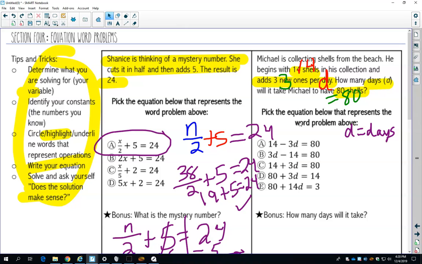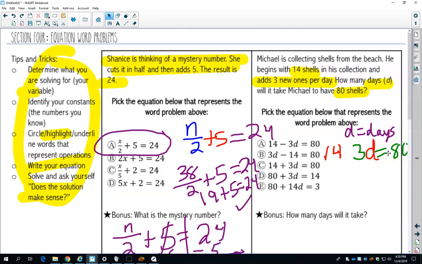So again, I'm going to put all that together. I'm going to grab the 14 that he started with. And then he adds 3 of them per day. Okay, so we've got the 14. We've got the 3 times d, 3 per day, and then that's going to be equal to 80. Now the question is, what do we put in between the 14 and the 3d?